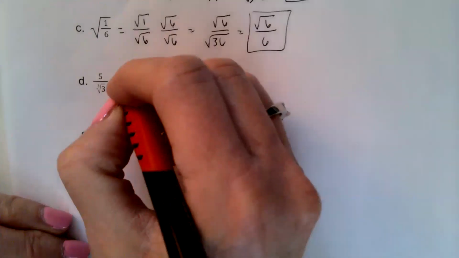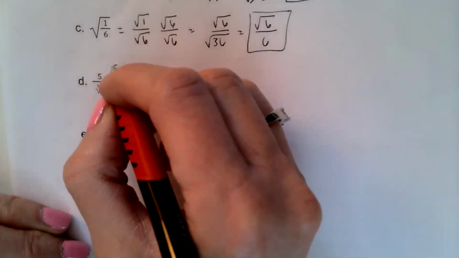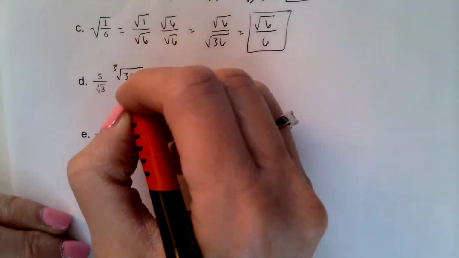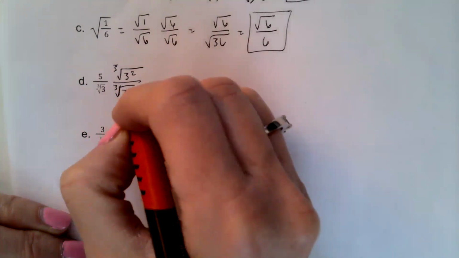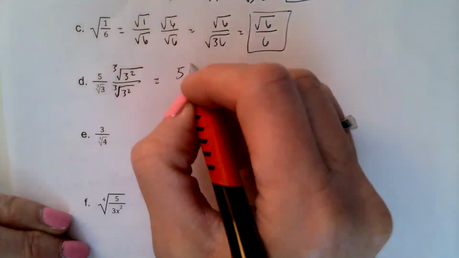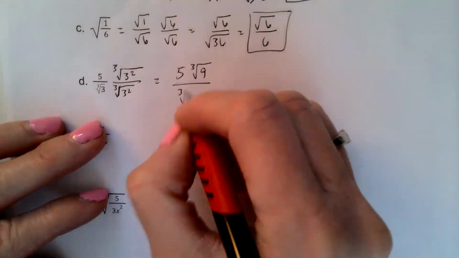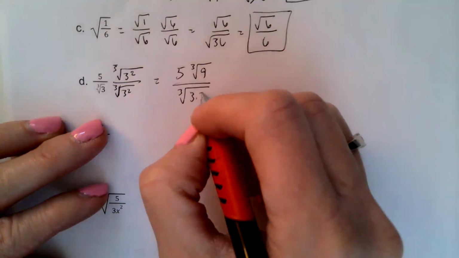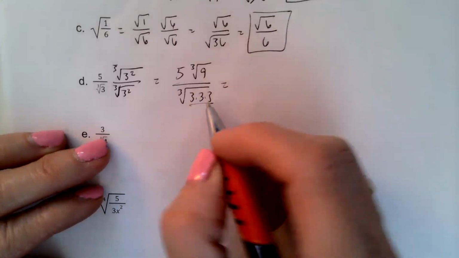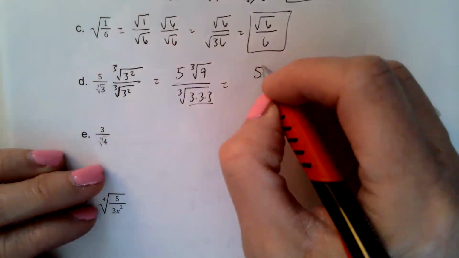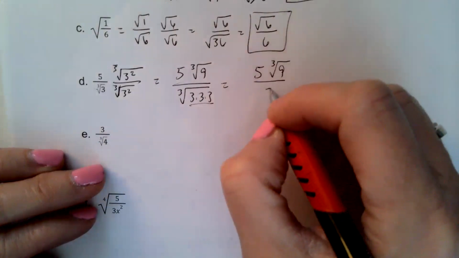So I have to multiply by the cubed root of 3 squared, so that I have 5 times the cubed root of 9, essentially, over the cubed root of 3 times 3 times 3. Because remember, the cubed root means I need to have 3 of them for it to simplify. So this simplifies into 5, the cubed root of 9 over 3.